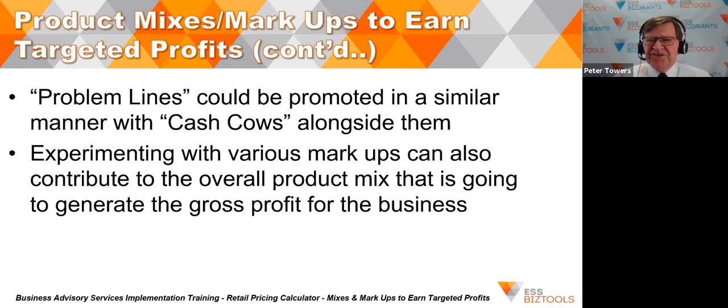Part of the exercise that you would be involved in with your clients here is experimenting with various markups, trying to get from them, well, you're currently marking up this product by 80%. Could it be moved to 90 or 95%? Well, that'd get rid of customers, or do you think it's still within a tolerable level.